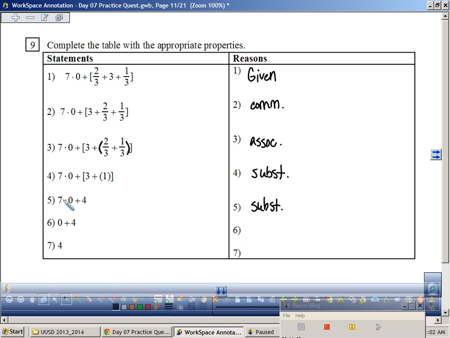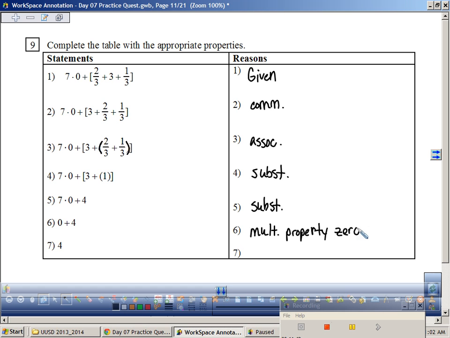I went from 7 times 0 to 0. Multiplicative property of 0. If I could spell it right. Property. We put box and then put a period.